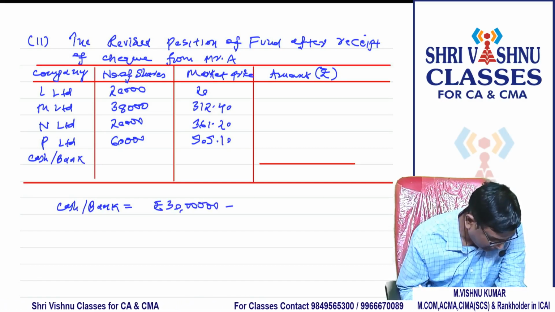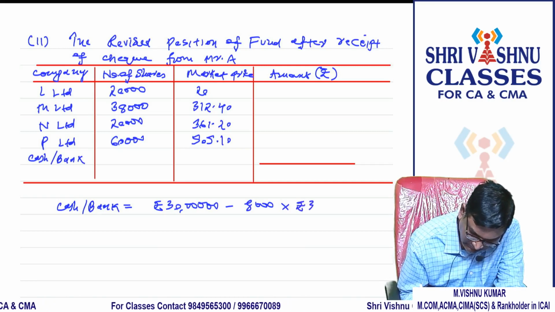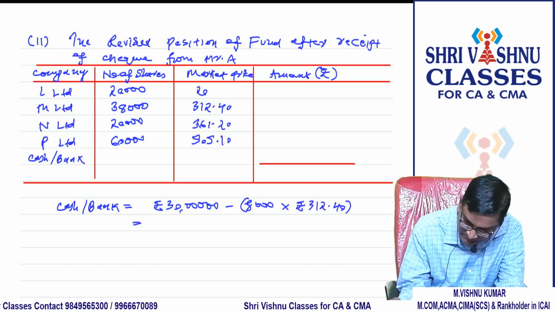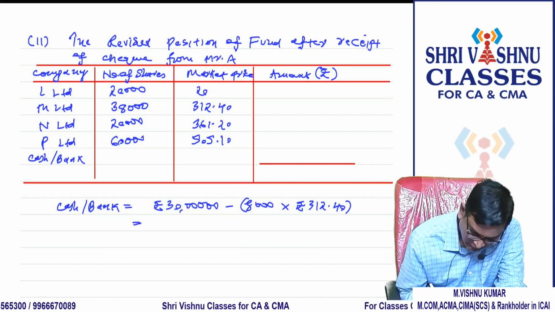From this, 8,000 shares purchased of M Limited at the rate of 312 will be subtracted.